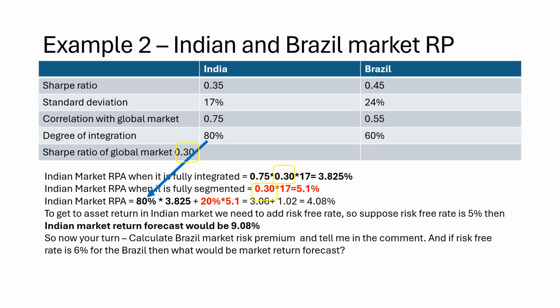Okay, so now it is your turn. Calculate the Brazil market risk premium and tell me in the comments. And also remember the risk-free rate here, assume it's 6%. So calculate the market return forecast for the Brazil market.